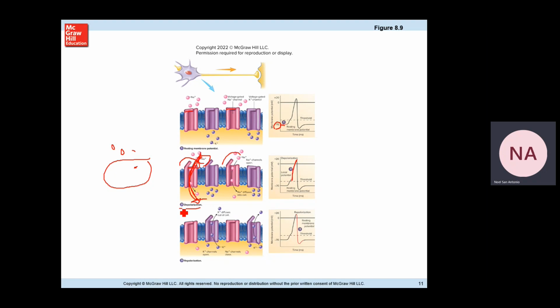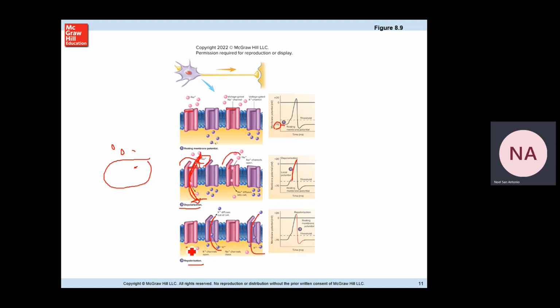Now, when the sodium channels close, just like what you see here in the third step, what will remain open are your potassium channels. More and more potassium will diffuse out of the cell. Palabas naman ngayon ng potassium. And when potassium leaves, what will remain inside are again negative proteins.